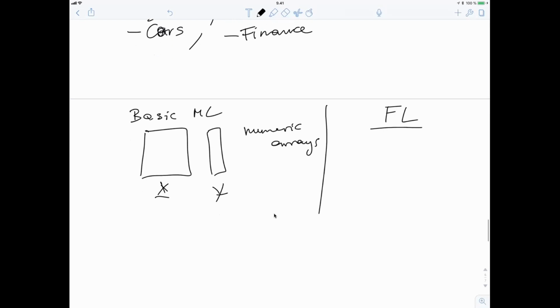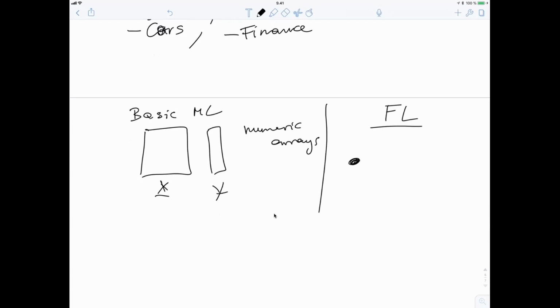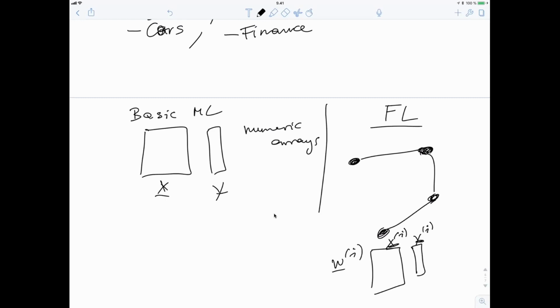We have a whole network or a graph with nodes being local data sets. And on each node, we have a local feature matrix, a local label vector, and a local weight vector. Again, these local quantities we can store with numeric arrays, but we need something that binds those together.